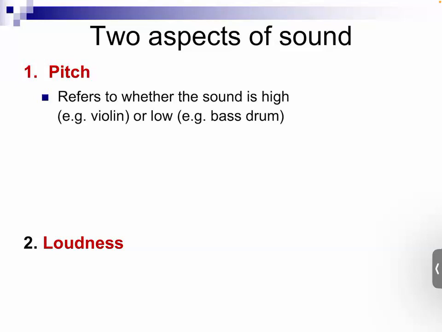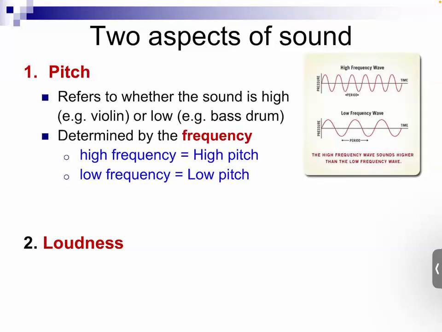So a high pitch sound, like the sound from a violin, or a low pitch sound, like the sound from a bass drum. But so pitch is something we can perceive, but if we relate pitch to the property of the wave, pitch is determined by the frequency of the wave. Right? Frequency is how many wave fronts are passing through a given point. So a high pitch sound corresponds to a high frequency sound.